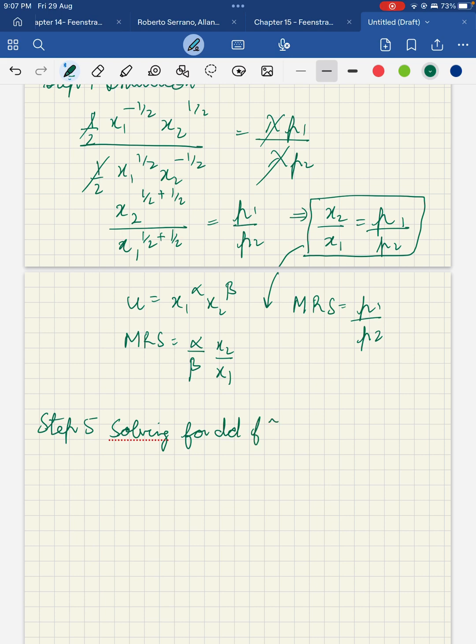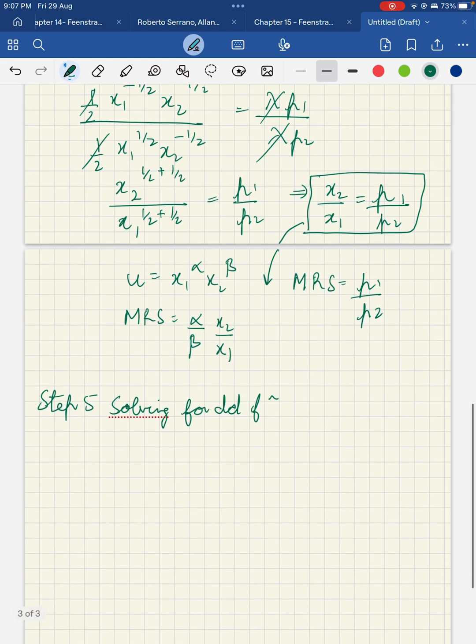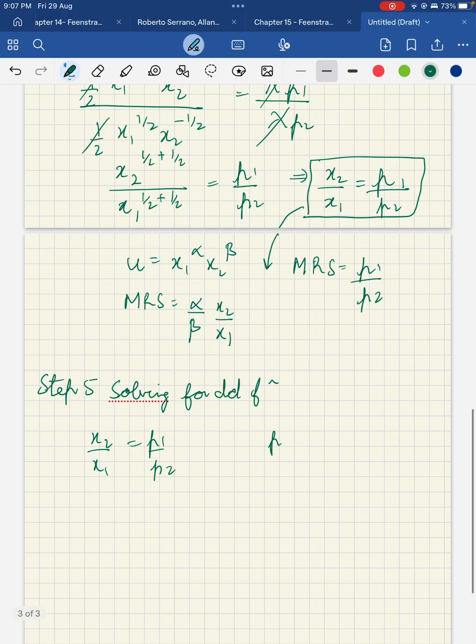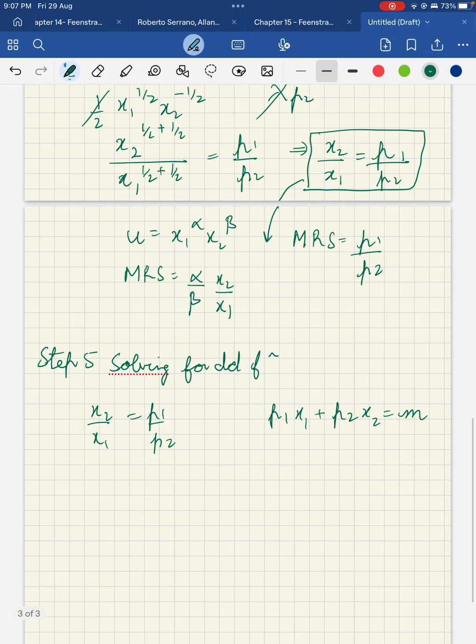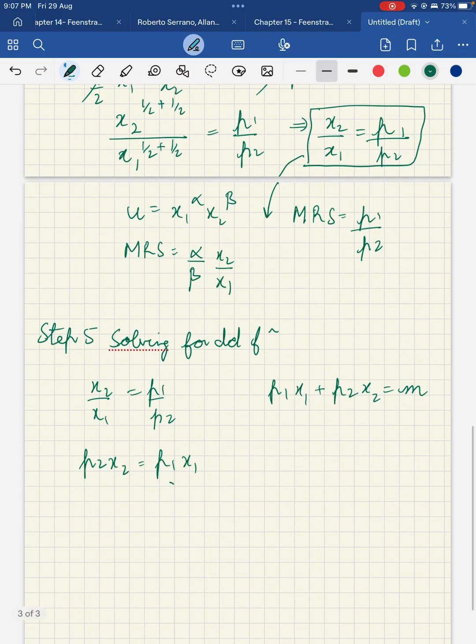The step 5 involves solving for the demand function. From this equation, x2 by x1 is equal to p1 by p2, and the budget equation p1x1 plus p2x2 is equal to m, I can solve for the values of x1 and x2. I can rearrange the first equation and write it as p2x2 is equal to p1x1 and substitute in the budget constraint.